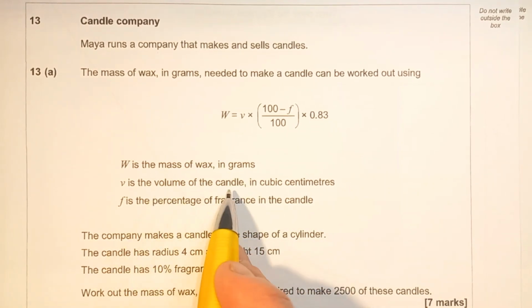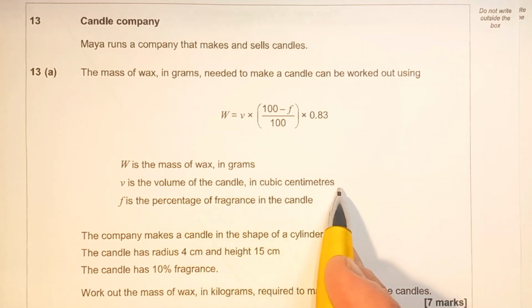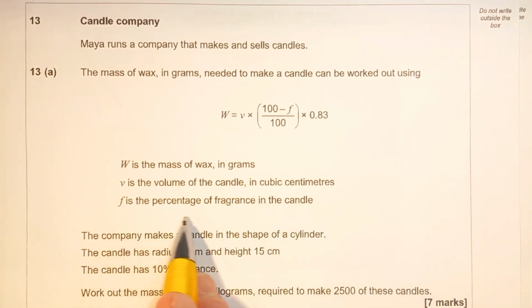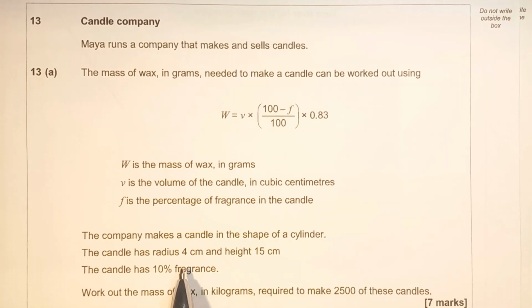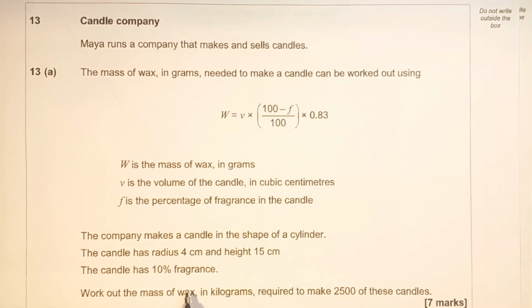V is the volume of the candle in cubic centimetres. F is the percentage of fragrance in the candle. The company makes a candle in the shape of a cylinder. The candle has a radius 4 centimetres and height of 15 centimetres. The candle has 10% fragrance. Work out the mass of wax in kilograms required to make 2,500 of these candles.